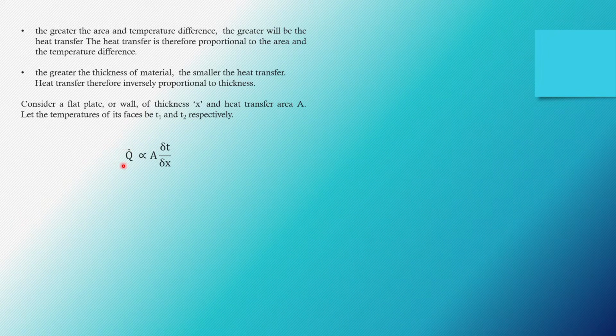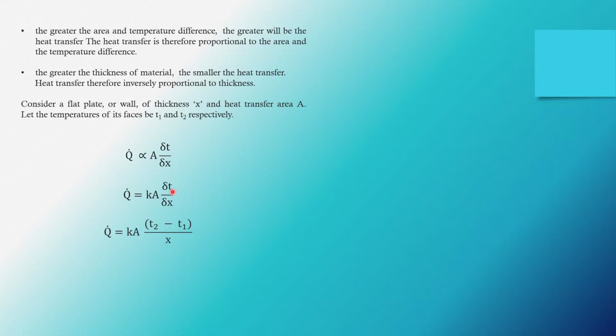Here, Q dot refers to the rate of heat transfer, proportional to the area through which the heat is penetrating, the difference in temperature, and inversely to the thickness. As we convert this to an equal sign, you can see there is a constant k here, and this constant k is the thermal conductivity. It's a material constant.